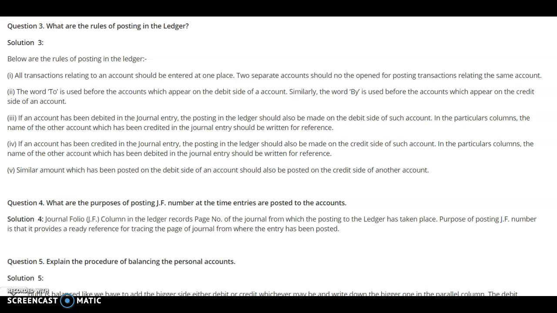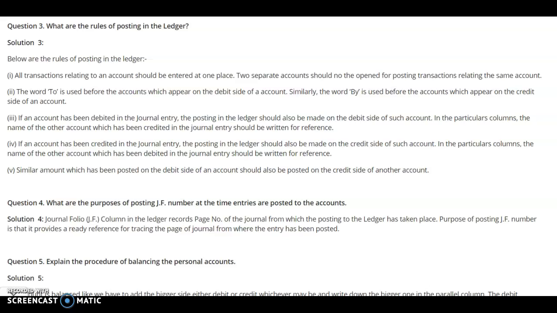In the particular column, the name of the other account which has been credited in the journal entry should be written for reference. Likewise, with reference to the simple and compound entry, the same rule will be followed: the account which is debit in the journal entry should be posted in the debit, but the name of the other account which has been credited in the journal entry should be written for reference. How it will be done? We will understand with the help of a numerical.